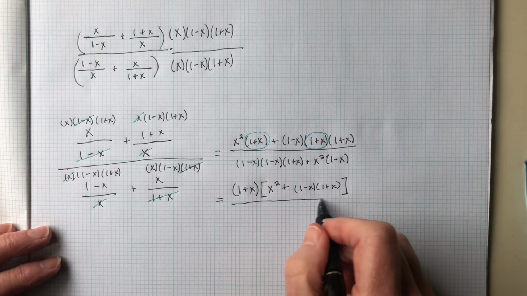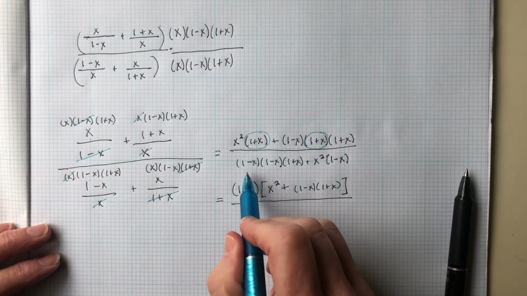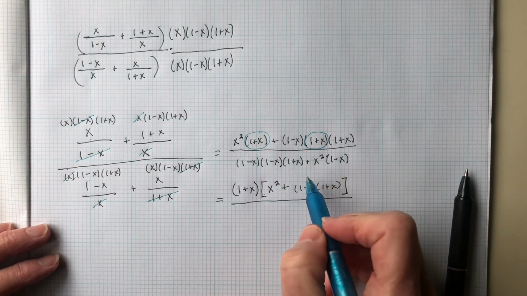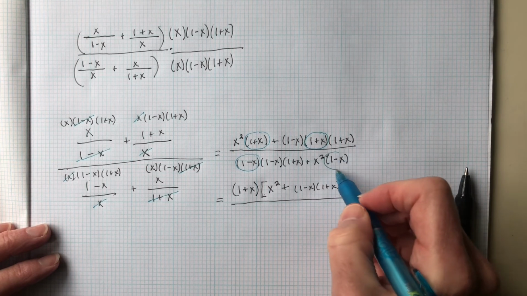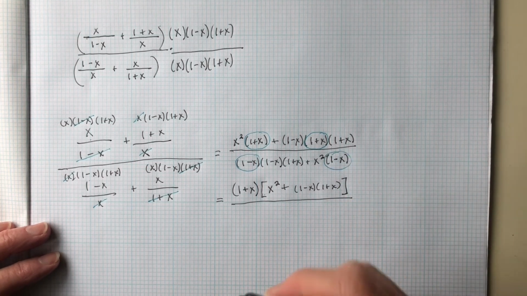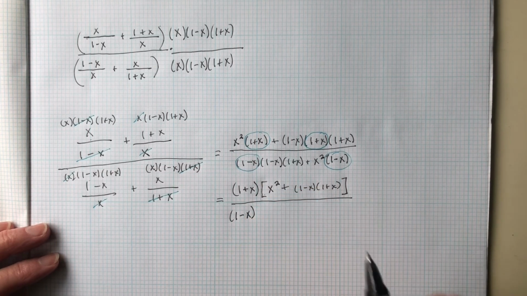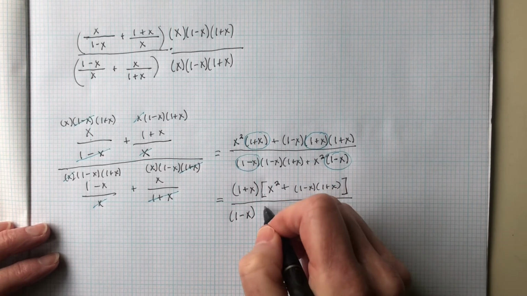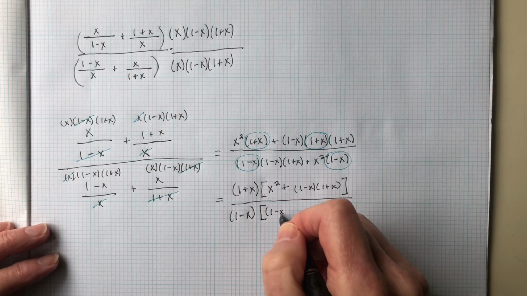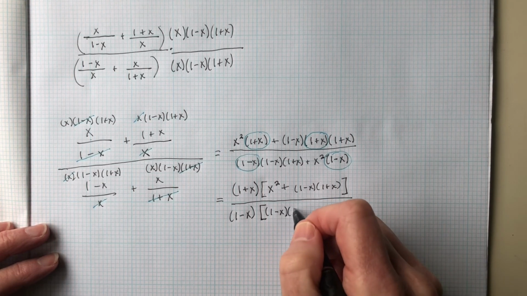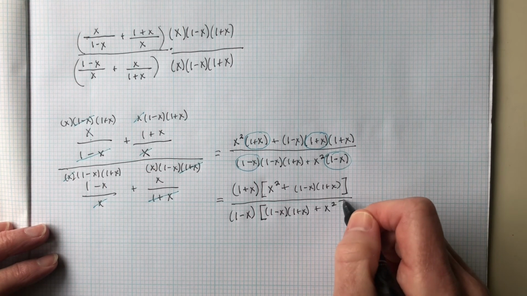All right, in our denominator, what do we have in terms of GCF? We have a 1 minus x in this big term and then a 1 minus x here. So that 1 minus x we'll bring out here. And then also we're going to have nested brackets. We have 1 minus x times 1 plus x squared.